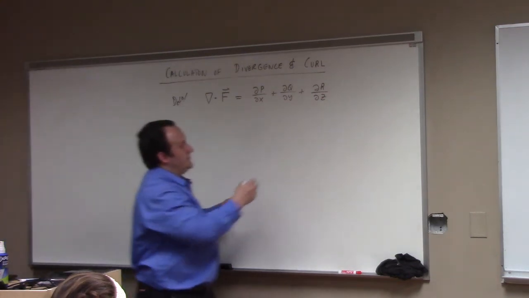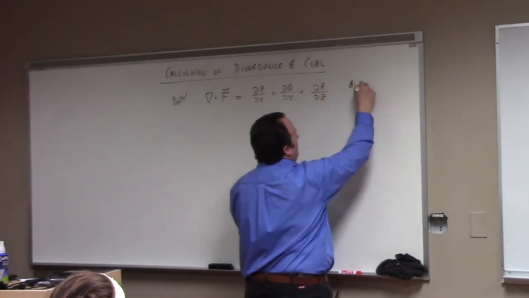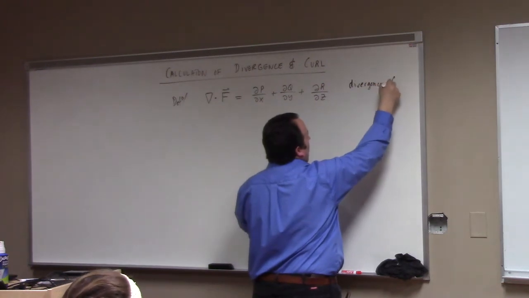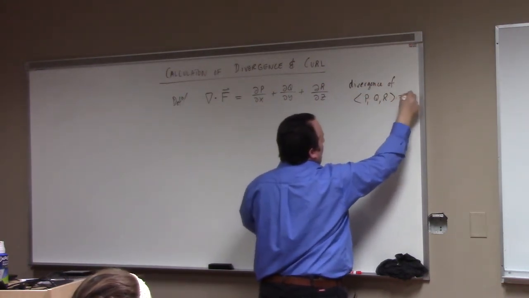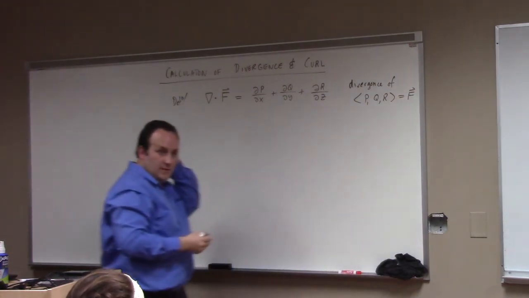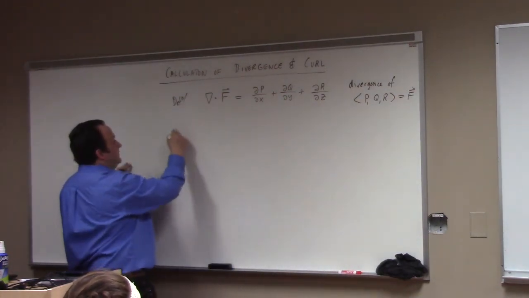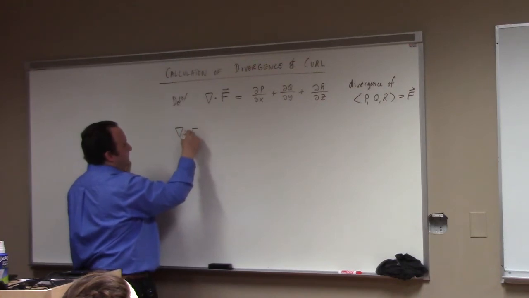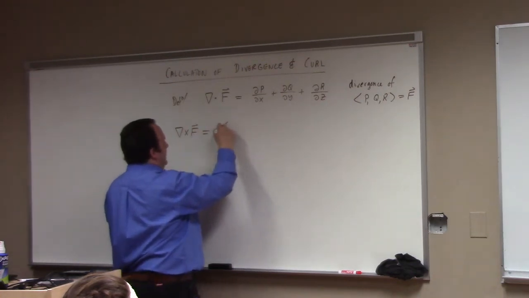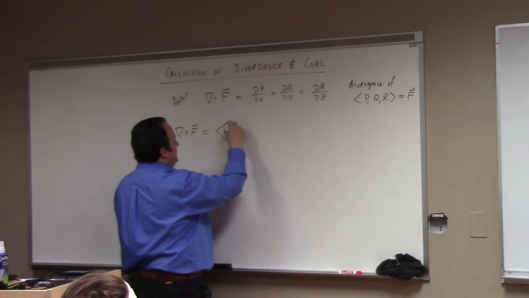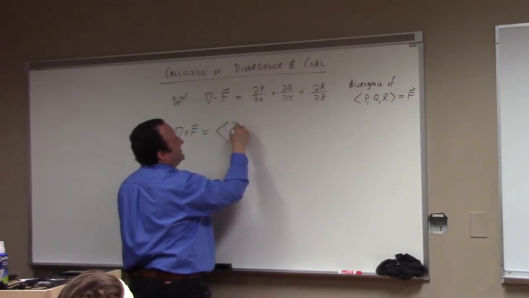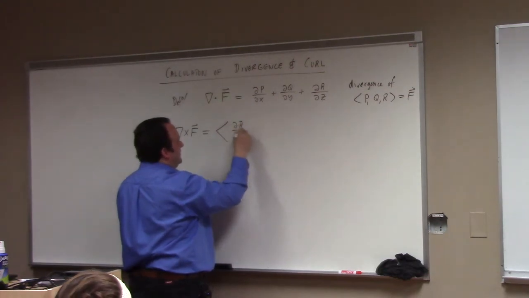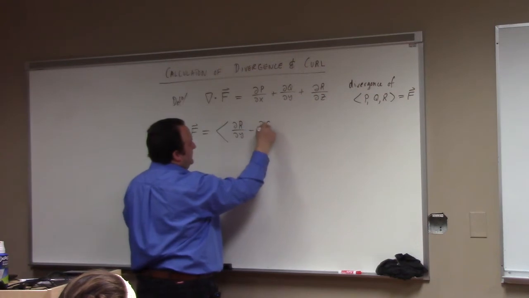This is the divergence of the vector field P, Q, R. All right? The curl, we write nabla cross F, and that's itself a vector again. So what this is, I've got to think for a second here, guys. Partial R, partial y, minus partial Q, partial z.